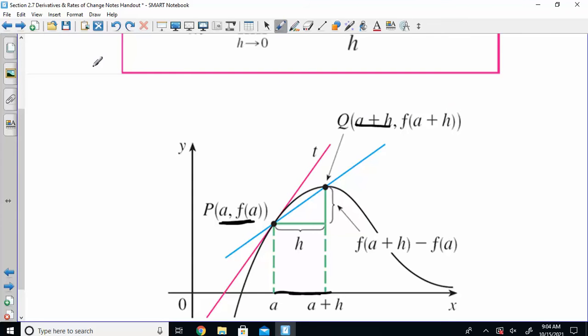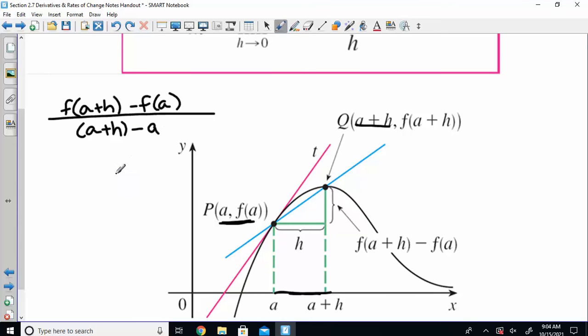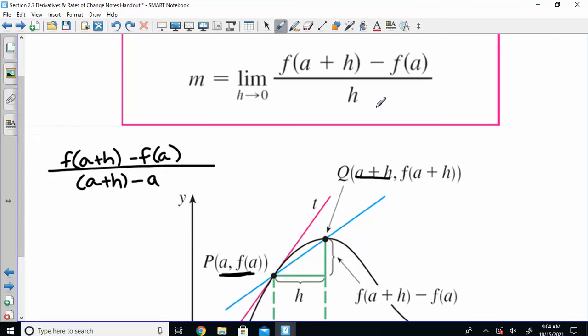The benefit of this, if you do the slope between those, you have your f of a plus h minus your f of a over, if you do a plus h minus a, what happens to those a's? They cancel and just give us an h on the bottom.